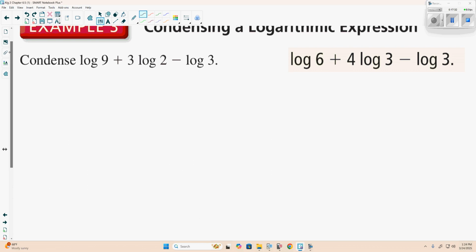The reverse of this is if we have a number being multiplied in front of the log, it's going to go back to being an exponent. Now log of 9 didn't have an exponent, so it's just going to stay log of 9. We can take that positive 3 and move it back to the exponent, telling us that the middle one is really the same as log of 2 to the 3rd power.